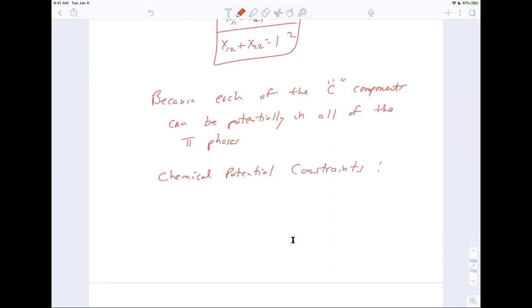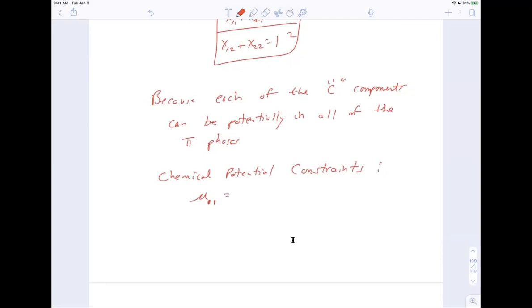This thing G, once again, rears its head. We can take a particular species and do this explicitly. Let's say we have the chemical potential of species 1 in phase 1. What do we know?